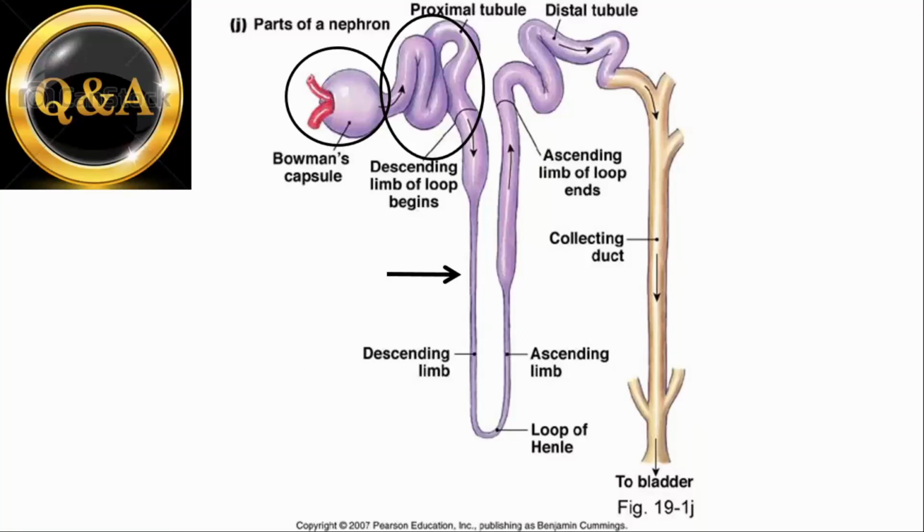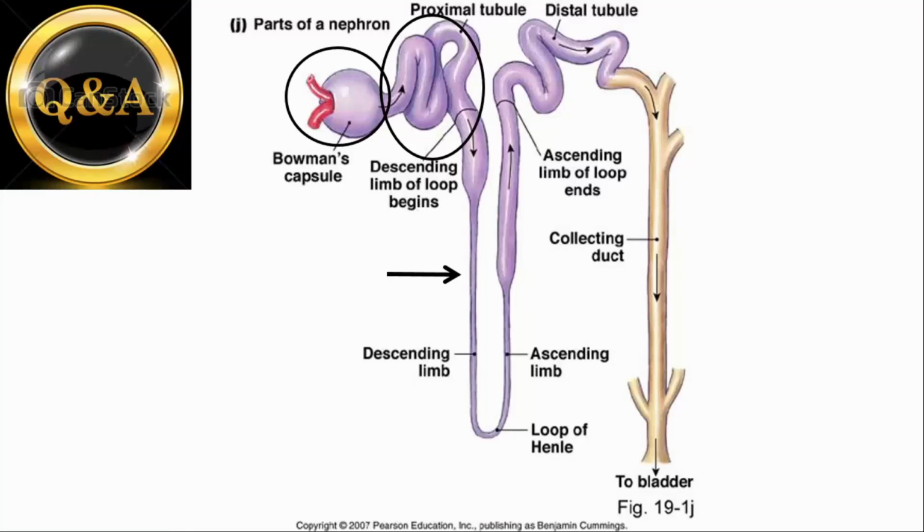Now, we have two sets of convoluted tubules. The proximal one is more convoluted than the distal one. At the distal convoluted tubule, all events are finished.